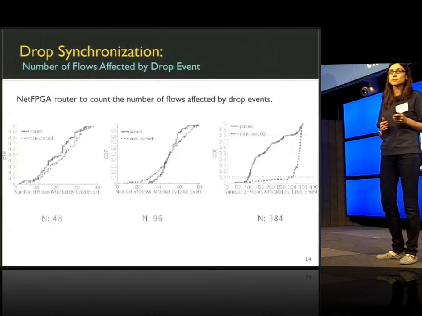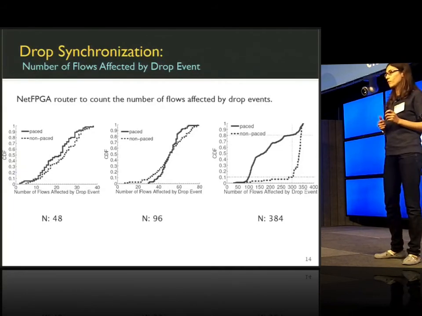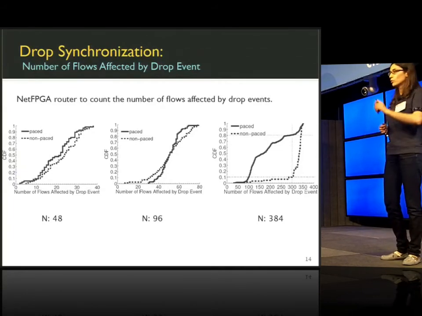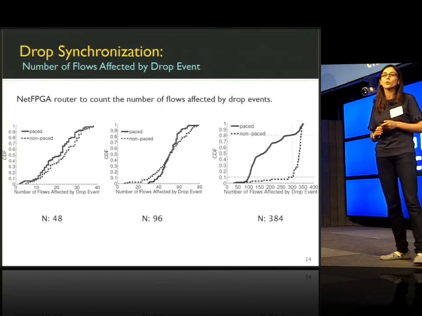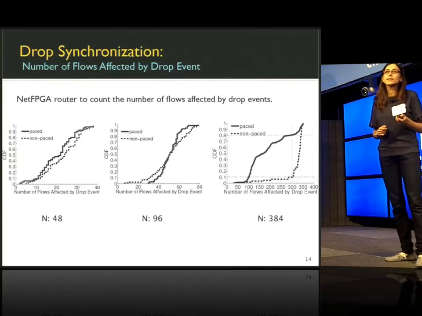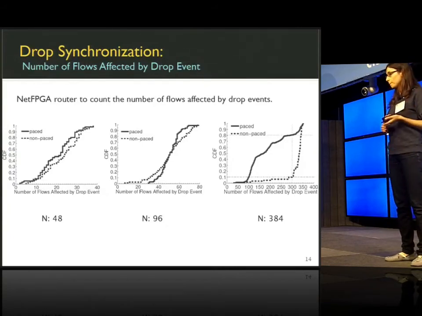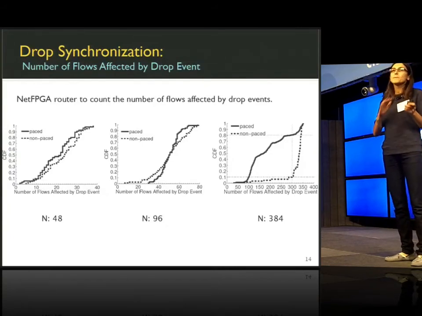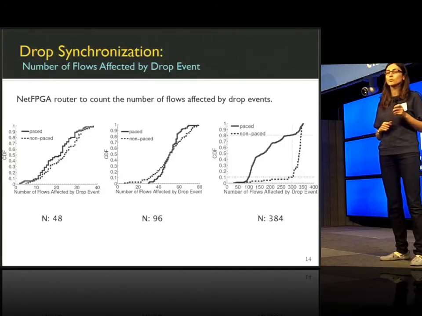And here I'm plotting the CDF of the number of flows that are affected by a drop, for different numbers of flows. So as you can see, if the number of flows is below the point of inflection, pacing still has a little bit higher drop synchronization, but not too much.